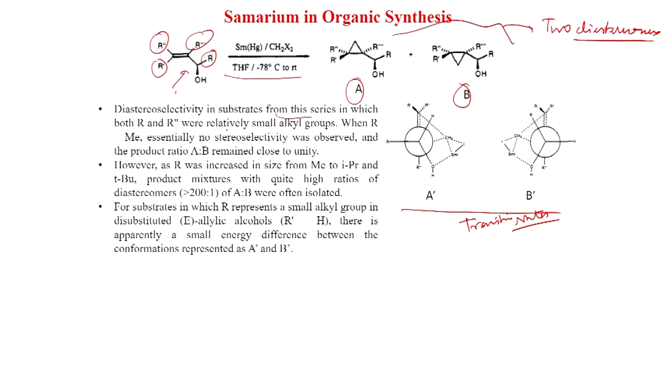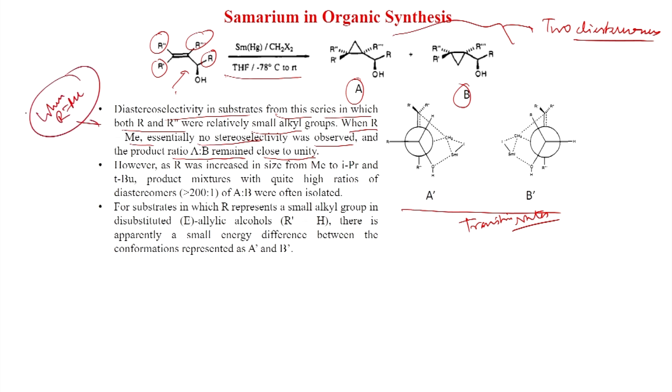In substrates from this series in which both R and R double dash are relatively small alkyl groups, when R is equal to methyl, essentially no selectivity was observed and the product ratio A to B remains close to unity. So, as we have seen in the earlier slide, the diastereoselectivity is very low with a methyl group.